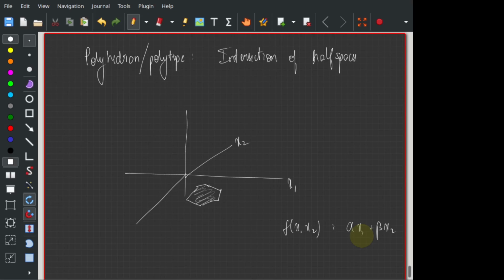So that's the only case where the minimum is going to be in the interior. But no matter what happens, the minimum is always achieved at some boundary point, even in this case. So as long as you have a linear function, the minimum is always achieved at a boundary point.